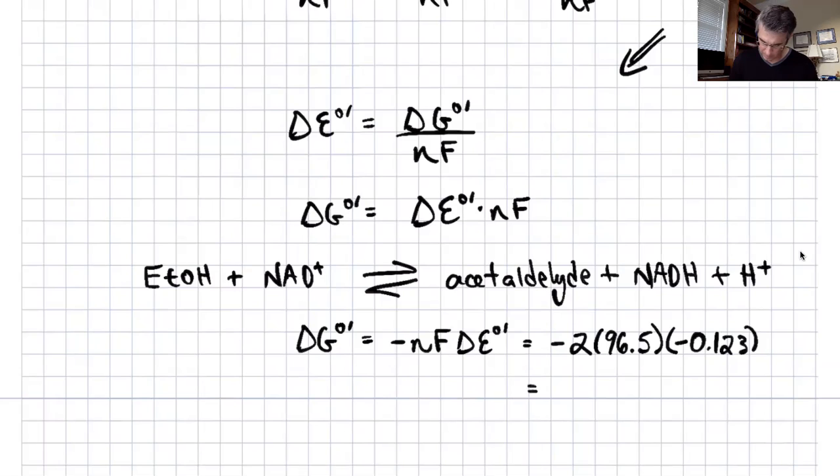We end up with plus, in this case, 23.74 kilojoules per mole. If you go through the units, and you carry everything through, pretty cool, right? All right.